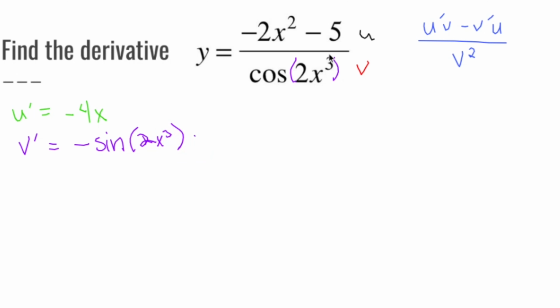So I'm going to multiply everything by, drop that 3 down, multiply it to 2, so 6. X to the third becomes x squared. So let's make that a little bit more presentable and throw that negative out front, the 6x squared out front as well, and then sine of 2x to the third.